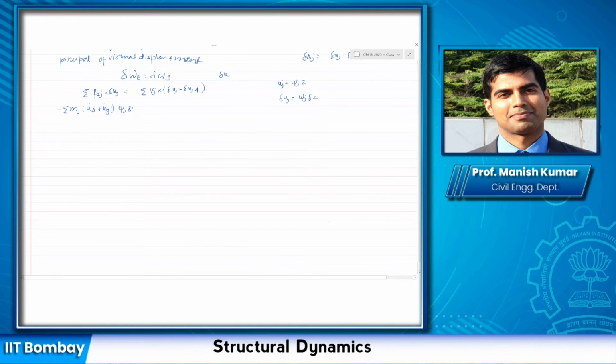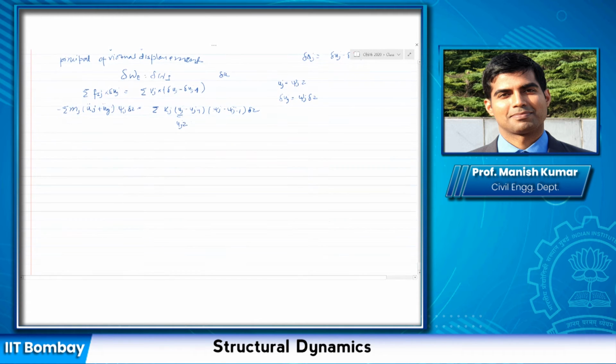And that would be summation equal to Vj, which again is Kj times delta j, which is uj minus uj minus 1, and then del uj, which I can write as phi j minus 1 times del z.